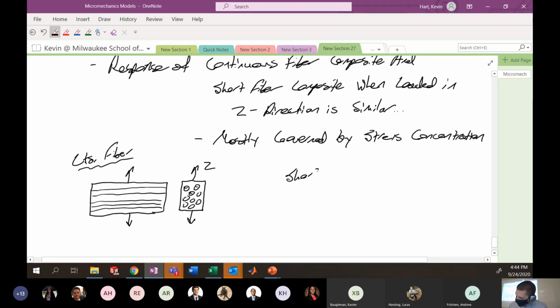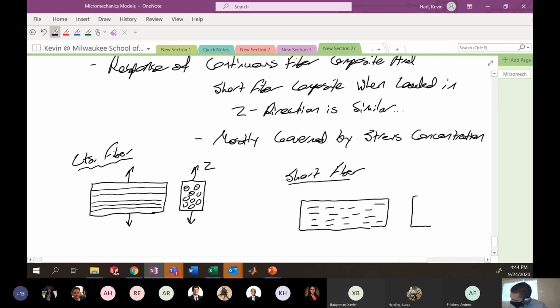Short fiber will look very similar. If you're aligned, it's still going to look like this, and if you look at the cross-section, it is also going to look more or less the same as what you see for continuous fiber.